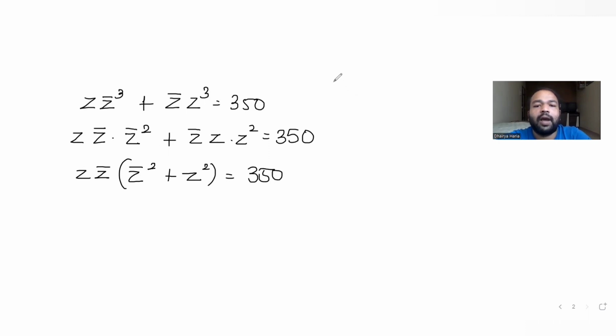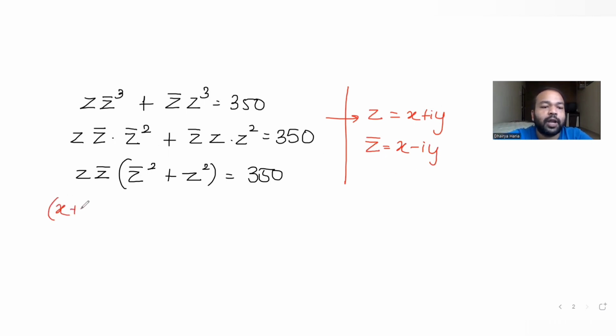Now we already have the idea that z is a complex number given by x plus iy. Conjugate of z is nothing but x minus iy. So if I put those values here, I get x plus iy, conjugate of z, I know, x minus iy.